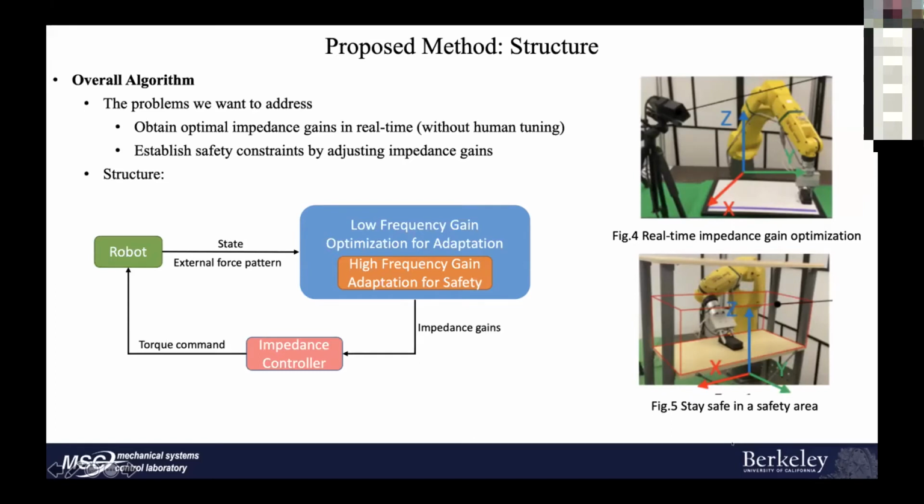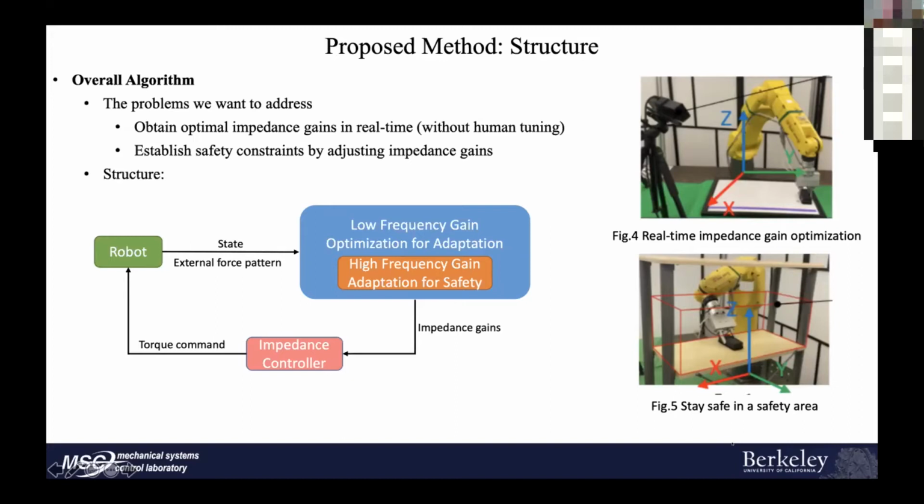A high frequency gain optimization for safety, which will be achieved over hundreds of hertz just to make sure the robot does not collide with a workpiece that we do not want it to collide with. And there's also a low frequency gain optimization to find the optimal impedance gain that we want for a specific task, and it will be done every 2 or 3 seconds.